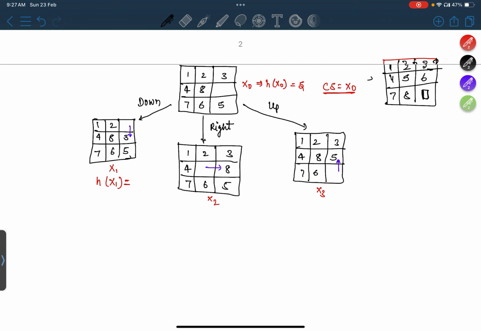What's that? Okay, let me just erase it and redraw it. The goal state was 1 2 3 4 5 6 7 8 and yeah, this was our goal. So let's compute these successors for this, then compute these objective values for these and we'll discuss how this works.